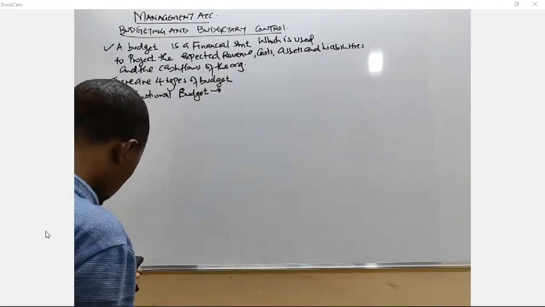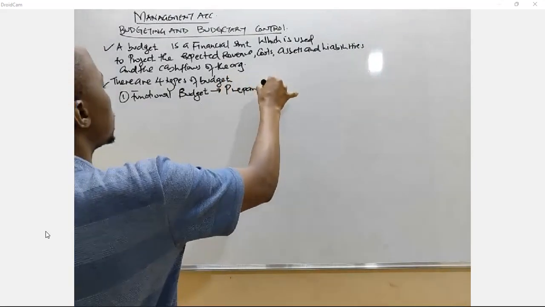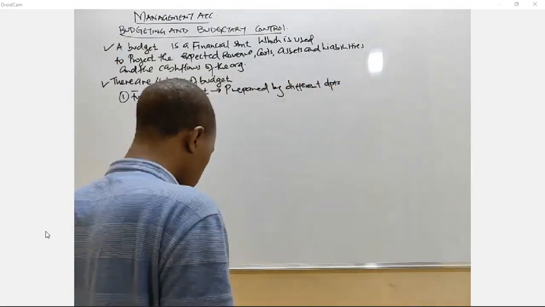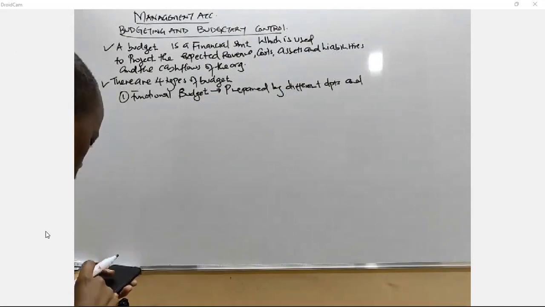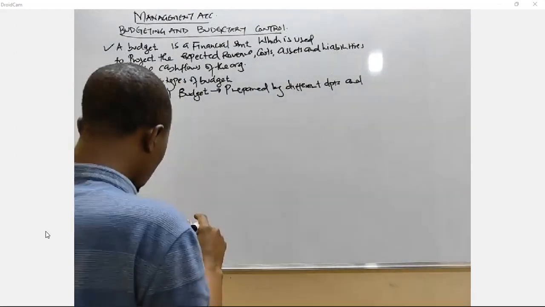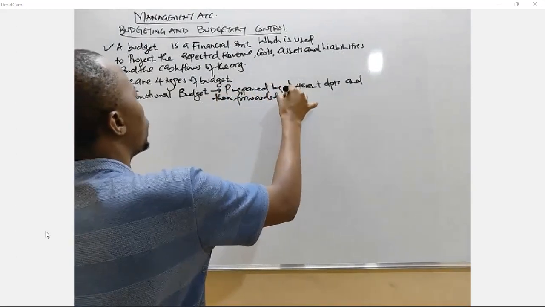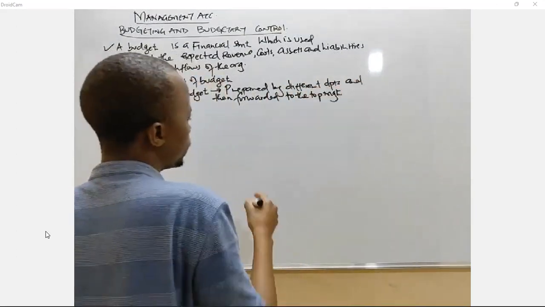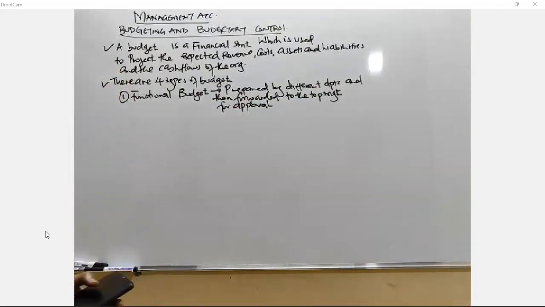These are budgets which are normally prepared by different departments within the organization, and they are forwarded to the management and then to the top management for approval.